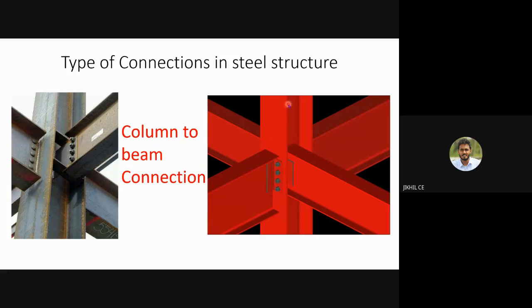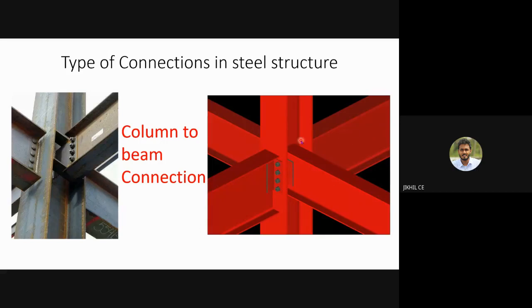This is another 3D view of the beam to column connection. This is a column, and there are 4 beams connected from the 4 sides of the column. This is a bolted connection. You know this will be an I section, which you already learned. I section or H section, both the same. This is an I section, and the beams are also I sections.